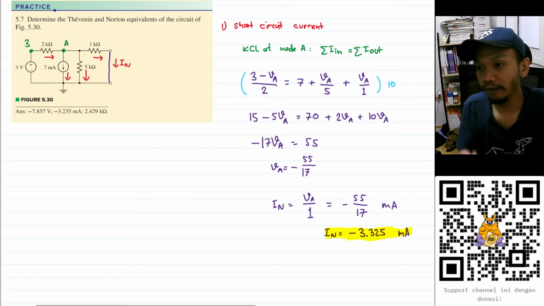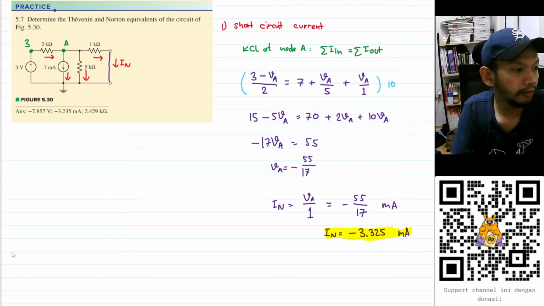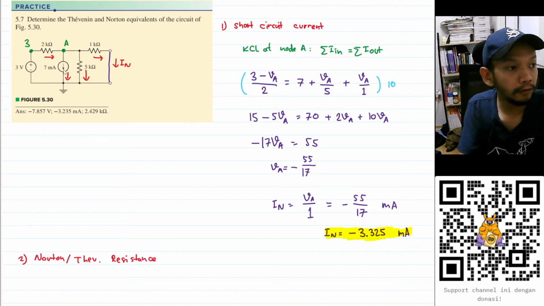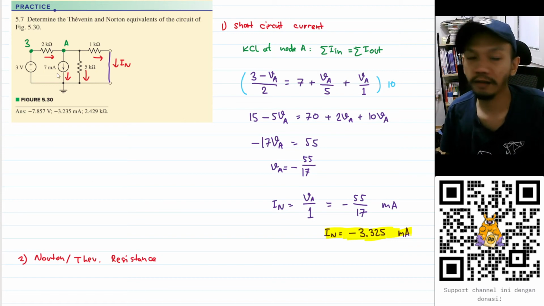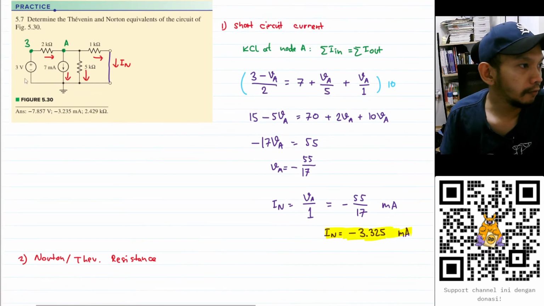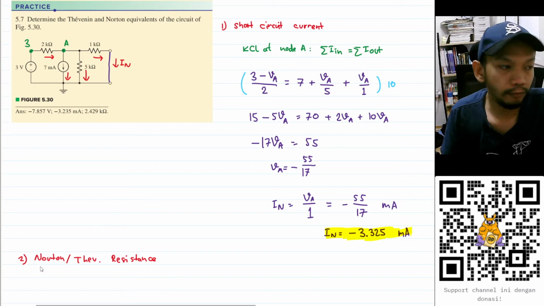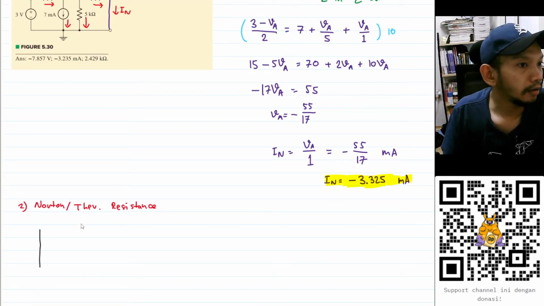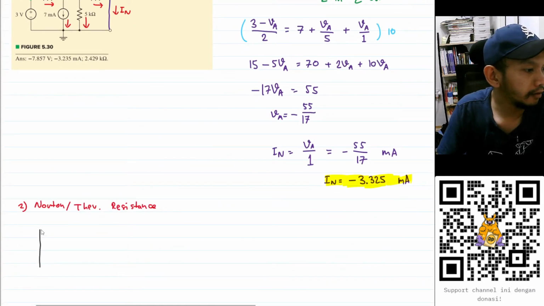So the next thing we need to do is find the Norton or Thevenin resistance. We do that by turning off all the voltage and current sources. We turn off this 3 volt voltage source into a short circuit. So this one is a short circuit, and this 2 ohm is still intact there.